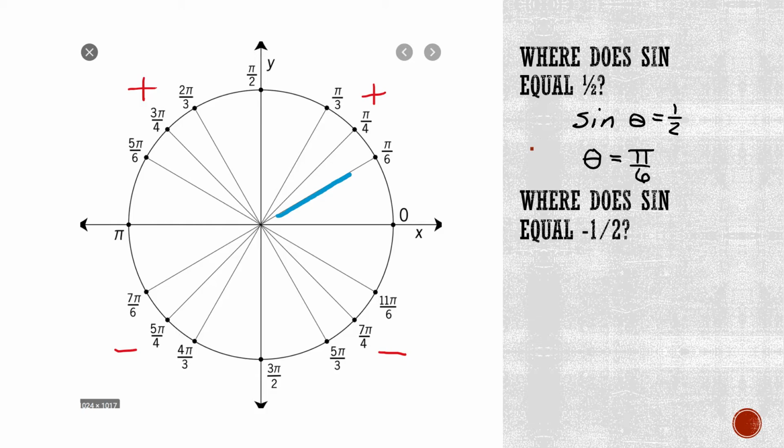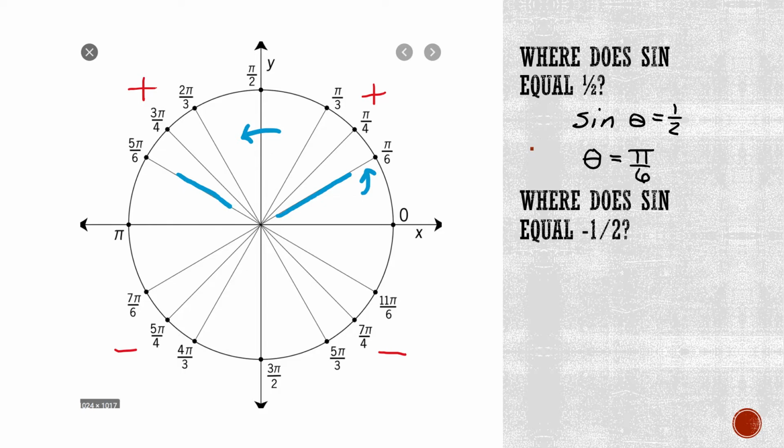Now, there also will be an angle in the second quadrant that has a value of 1/2. And so we've talked in class a little bit about mirroring an angle over into another quadrant. So if I take this angle, this pi over 6, and I flip it over the y-axis, it's going to flip right here.